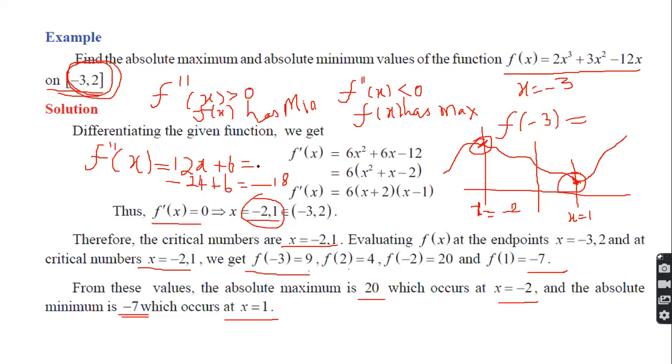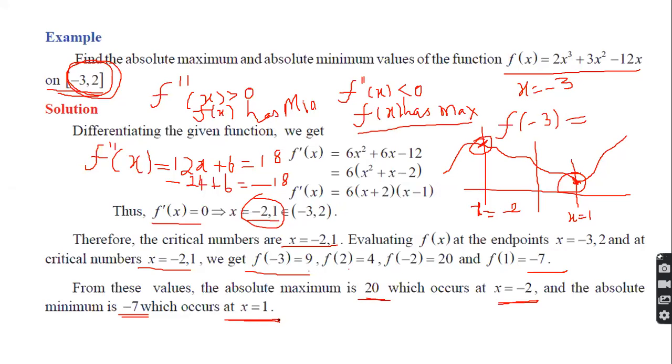F double dash of x at the point 1 is 18, and it is greater than 0, so f of x has a minimum value. So 20 is the maximum at the point x equal to minus 2. Already told, f of x has a maximum value when f double dash of x is less than 0, and it has a minimum value at x equal to plus 1.